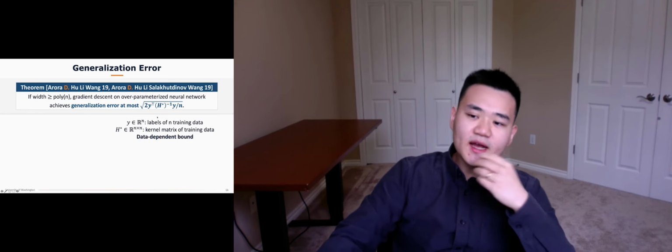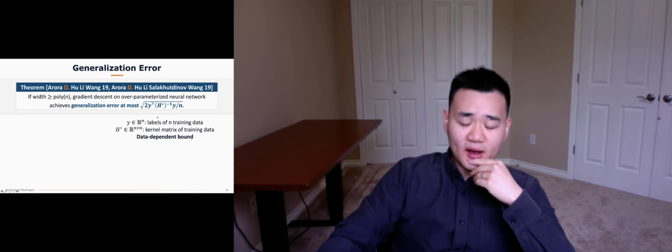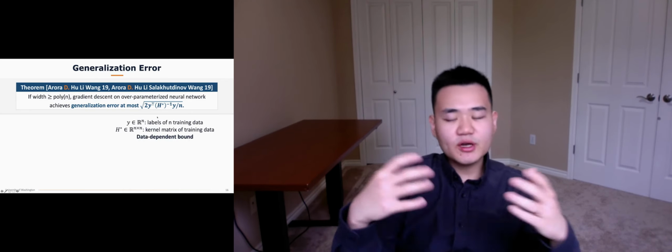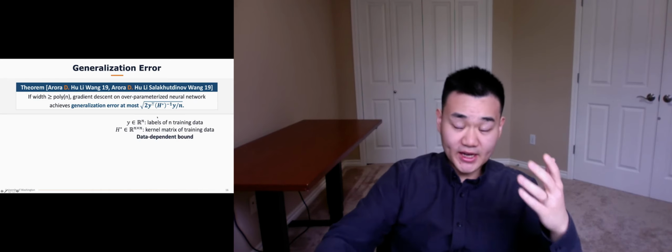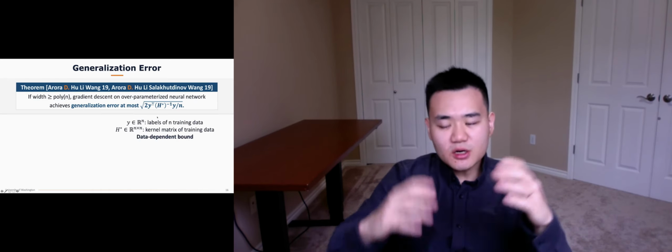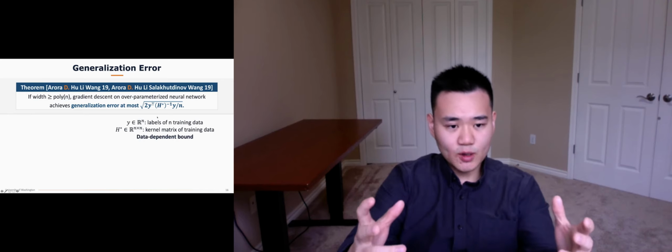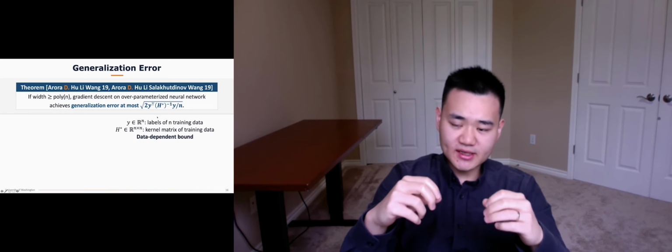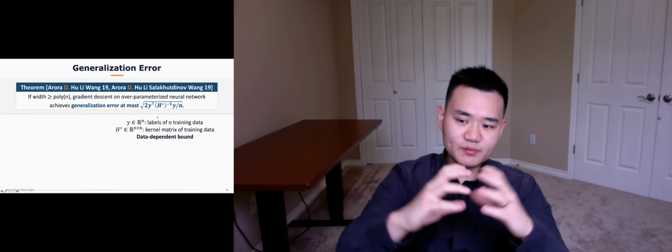So y here is an n-dimensional vector which corresponds to the n labels of your n training data points. And H star corresponds to the kernel matrix of the training data points. Each entry of this kernel matrix is the kernel value of two inputs.